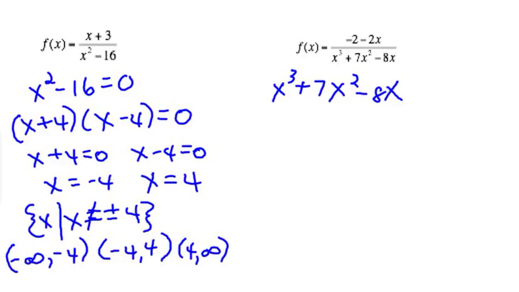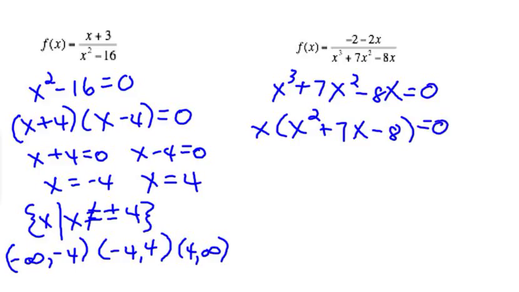I'm going to set it equal to 0 because I want to find the values of x that would make this denominator equal to 0, so that those would be exceptions to my domain. So first here I'm going to factor out the GCF, which is x. That leaves me x squared plus 7x minus 8 equals 0.